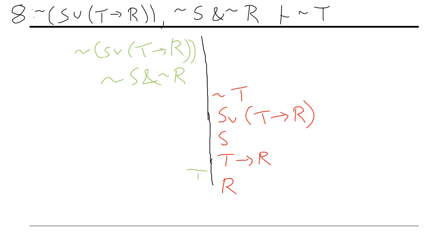Let's move on to the second premise. The second premise is going to be not S, not R. We have to flip those across. We got S, R. And that's all that we have to do for that premise.